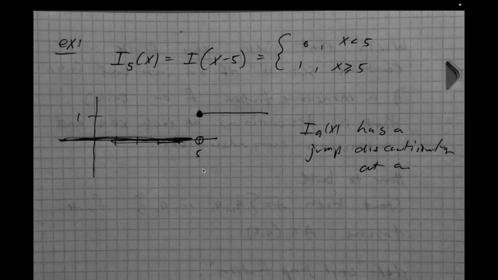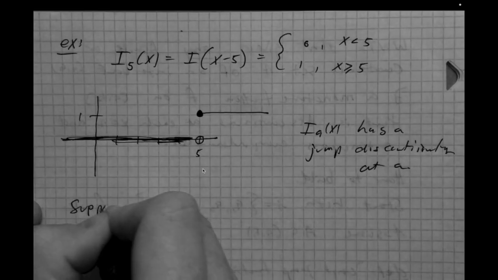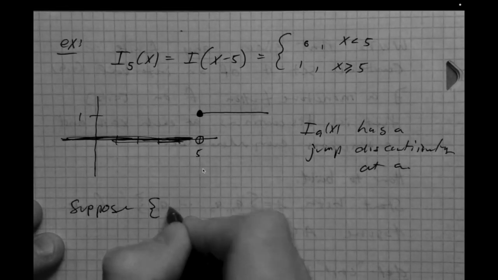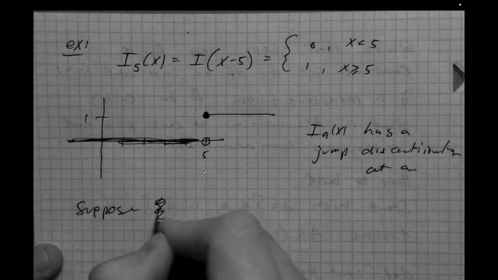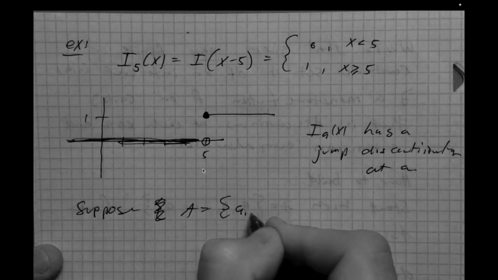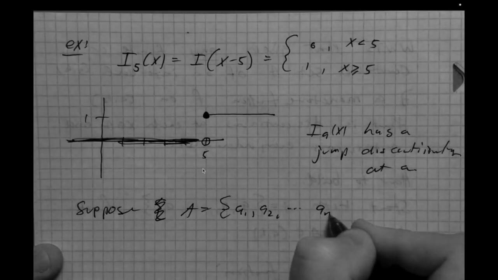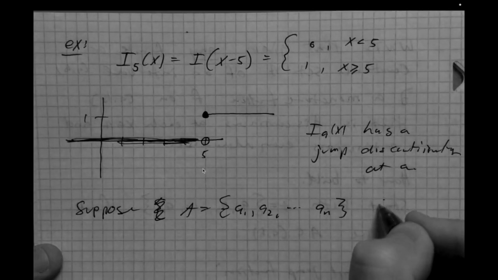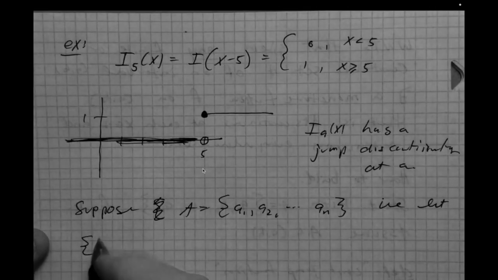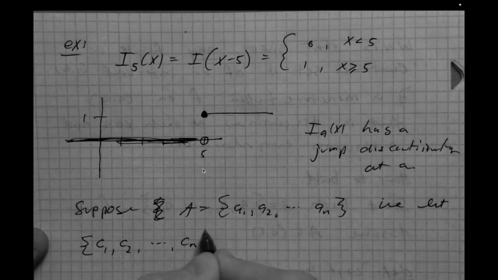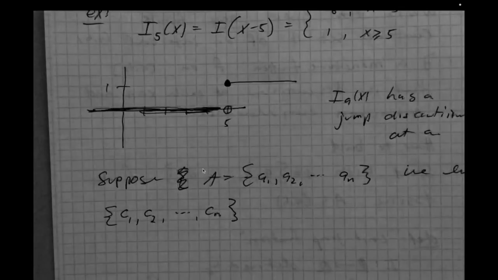Now, here's how we're going to define our function. Let's suppose that your set A is a sub 1, a sub 2, dot dot dot, a sub n. We let this other set be constants, c1, c2, dot dot dot, cn. These can be anything you want.